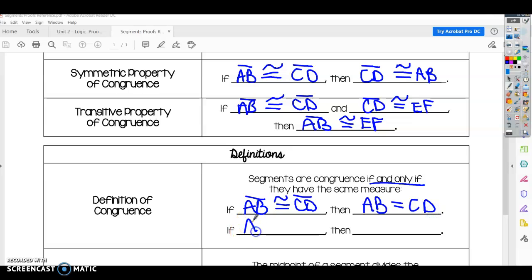And if AB equals CD, then line segment AB is congruent to line segment CD.